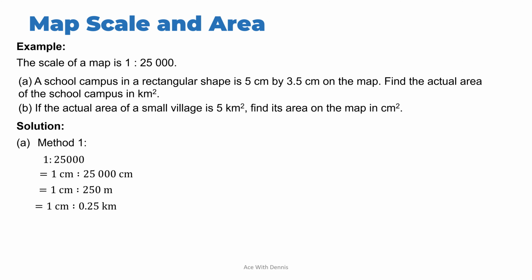Hence, the ratio is 1 centimeter is to 0.25 kilometers. So we square both numbers, and we get the ratio of the area, which is 1 centimeter square to 0.0625 kilometers square.